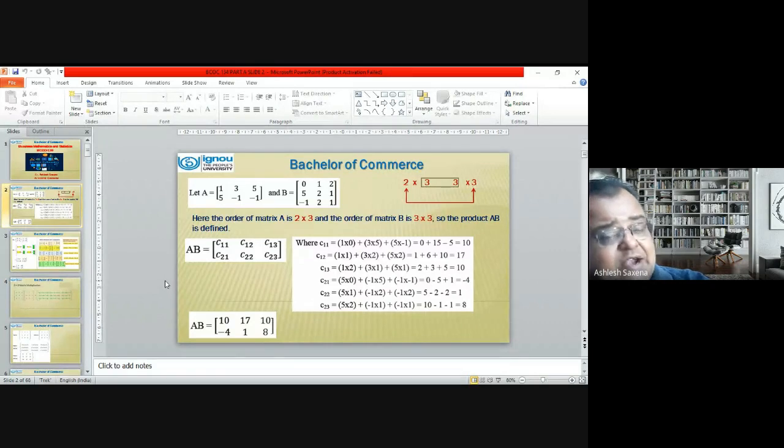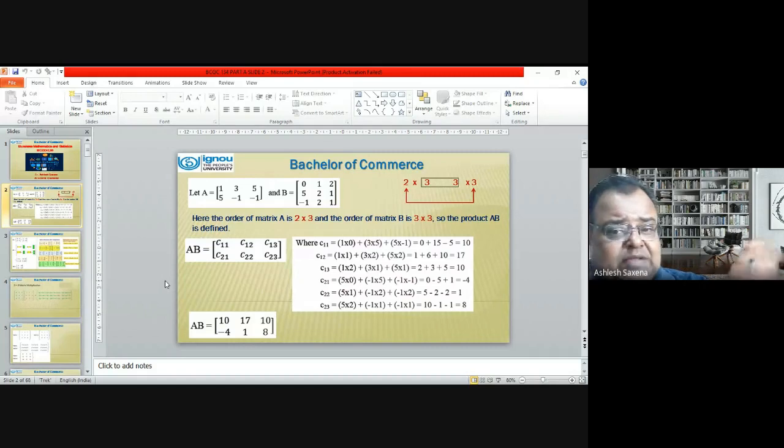On the right side of your screen, you can see that there is 2 cross 3 and 3 cross 3. Simply by looking at the order of the matrices, we can calculate what will be the order of the resultant matrix.